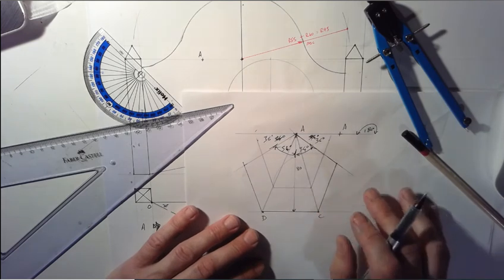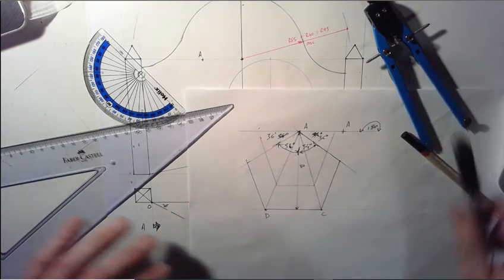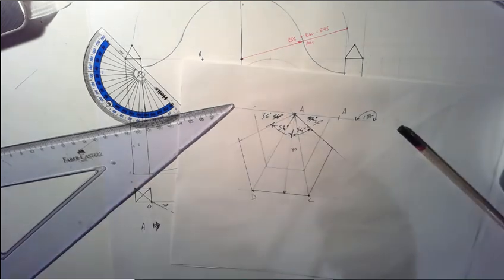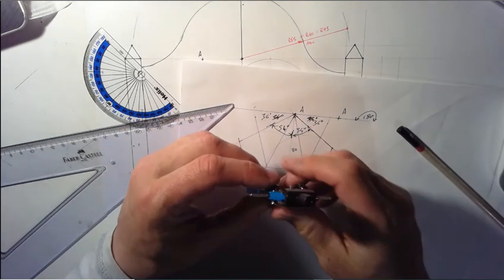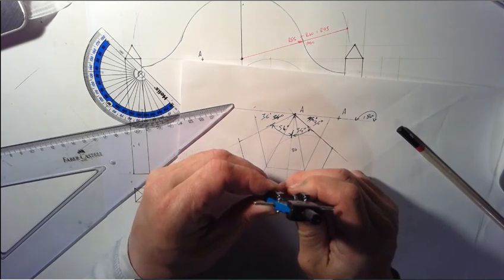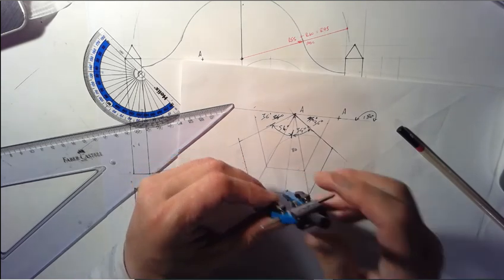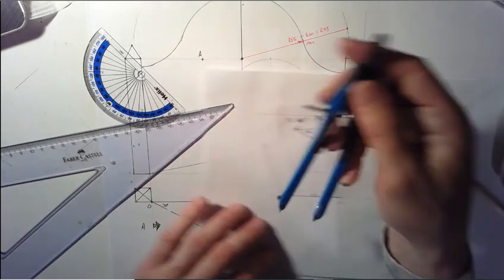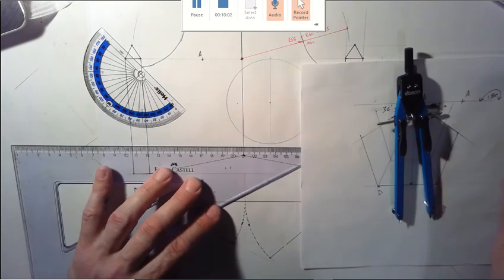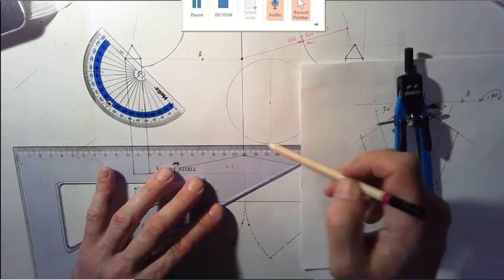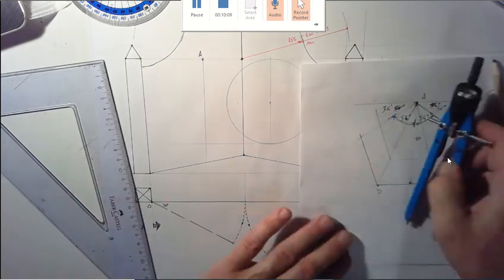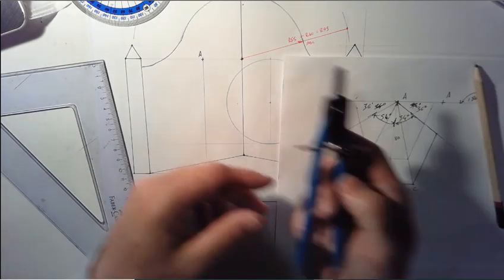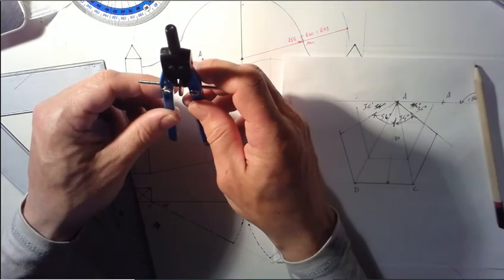Okay. So knowing that little distance there is halfway. My lead has gone out of my compass, so I'll just put it back in there. Knowing that's my halfway, and that's the distance from D to C, same on the other side. So when I come back into my question here and bring that over, as I said to you, all I'm doing is using this pentagon to draw the correct one I want.